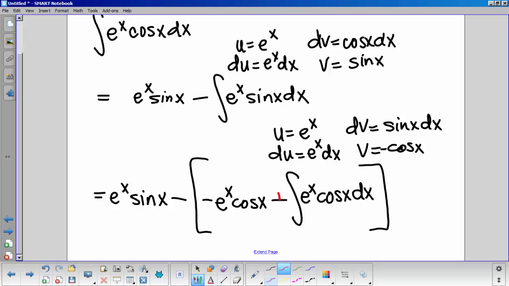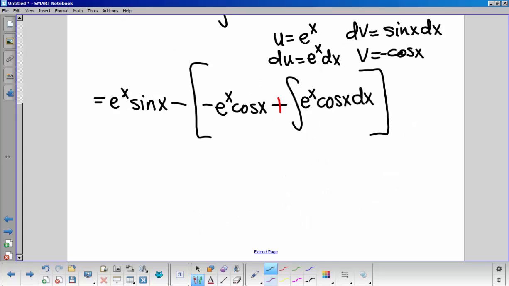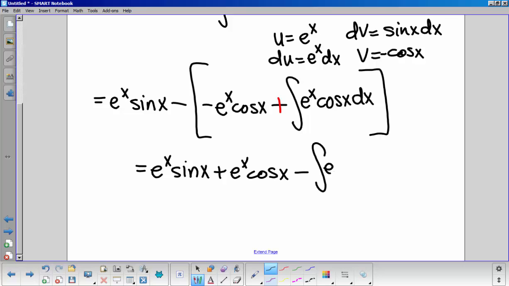Yes, this one is legitimately positive, but I have to distribute that pesky negative in front, don't I? So this equals e to the x sine x plus e to the x cosine x minus the integral of e to the x cosine x dx.